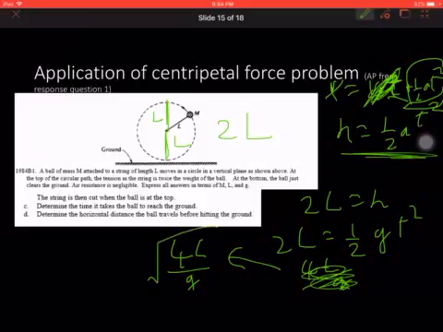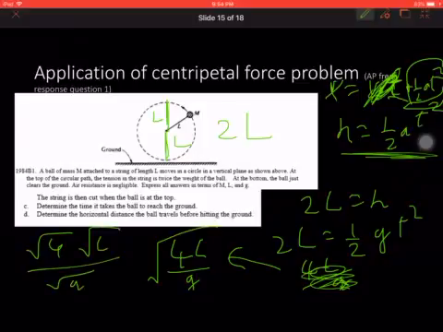So that would just be 2 square root of L over G, because according to the distributive rule, you take out the 4, square root of L, square root of G. So that would just be 2 square root of L over G. And that's your answer for part C.